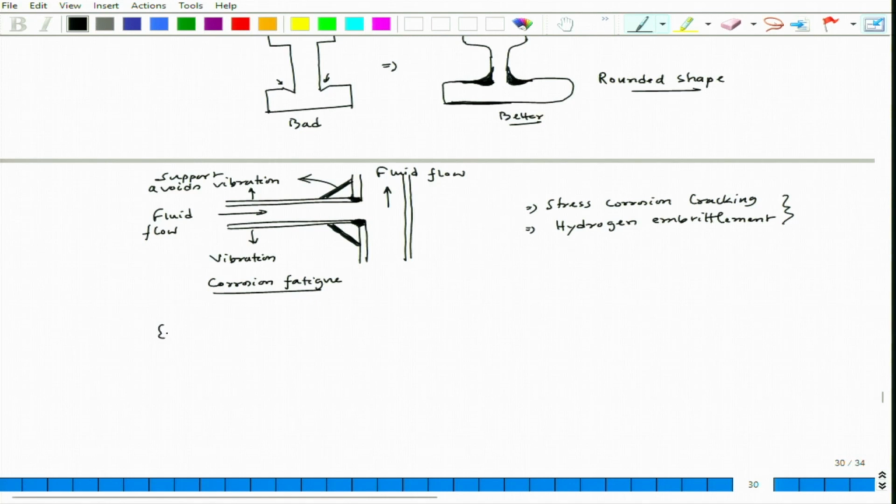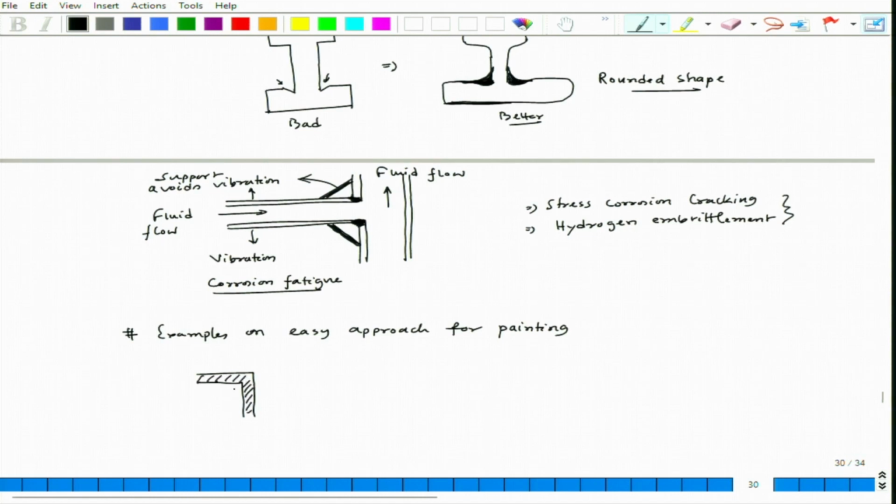Now, examples on easy approach for painting. Now, if we have a situation like this, let us say you have a sharp bend like this, okay. This is the sharp bend.